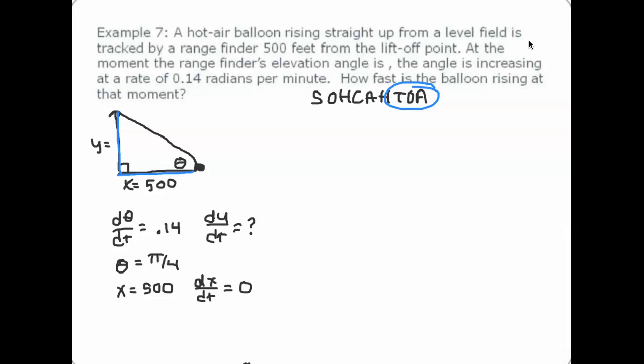So we're going to use the idea that tan theta is equal to y over x. We can figure out what y is because we know theta and we know x.